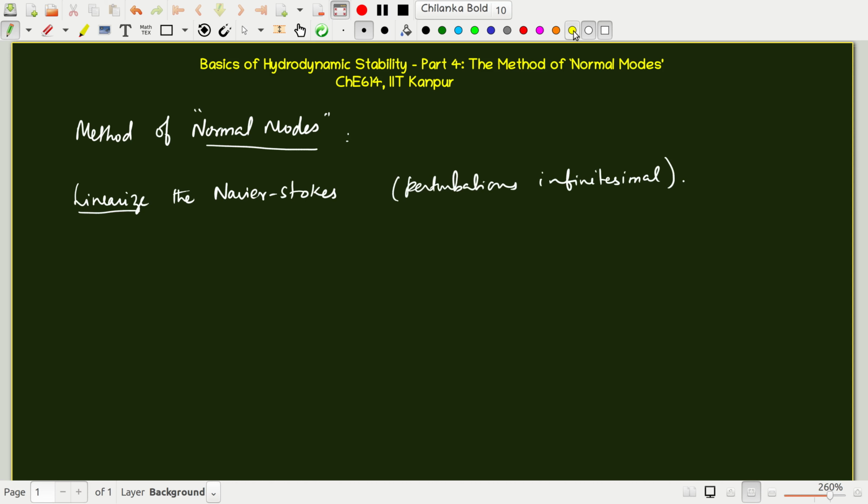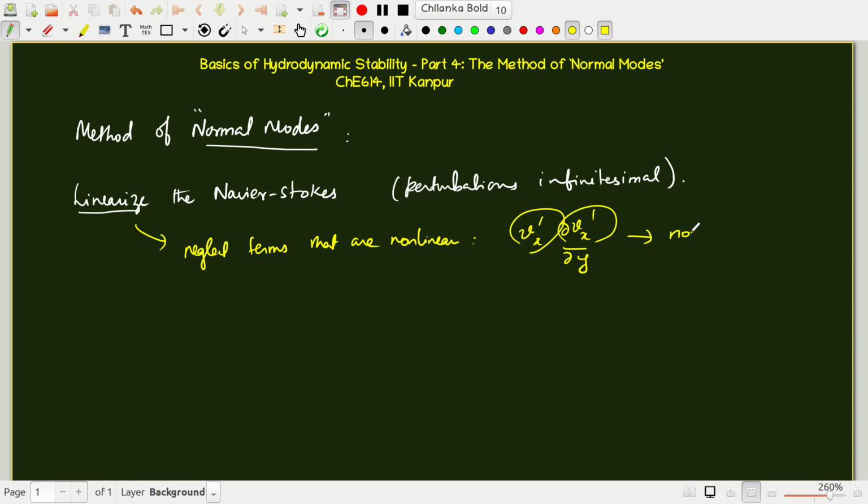The meaning of linearization is, of course, that we neglect terms that are non-linear, in the sense that if you have a product of Vx prime times partial Vx prime by partial Vy or something like that, right? These are products of two fluctuating quantities. So these are non-linear quantities, and these quantities are neglected.